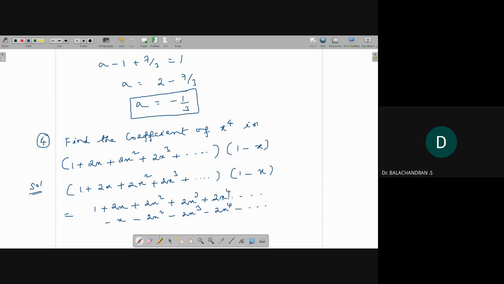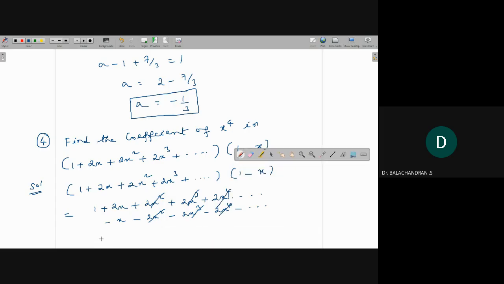Okay, so hereafter every term is cancelled. So you'll get finally 1 plus 2x minus x, that is 1 plus x. So therefore coefficient of x power 4 is 0.